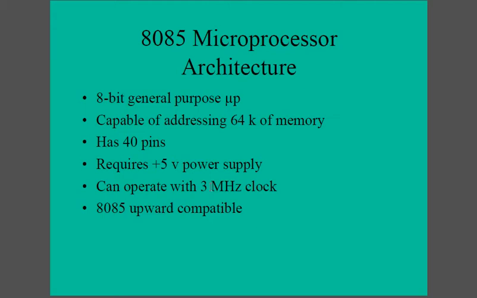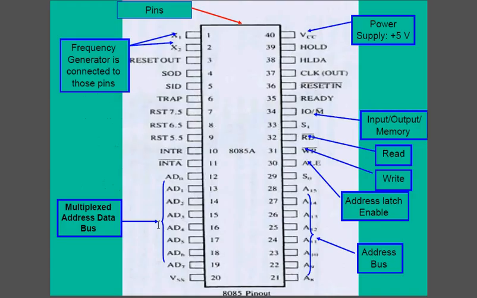I've talked about it in my previous lecture, how the clocking is important because it defines how fast your processor can do the processing. For the 8085, it can be operated using a 3 megahertz clock, and the 8085 is upward compatible, which means it is compatible with the other various families of microprocessors from Intel.